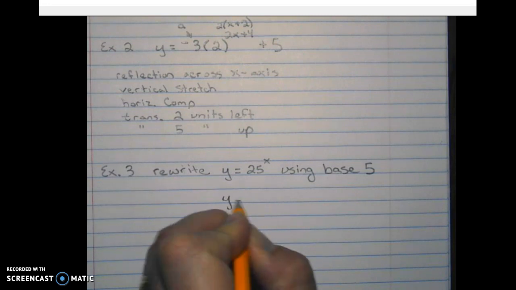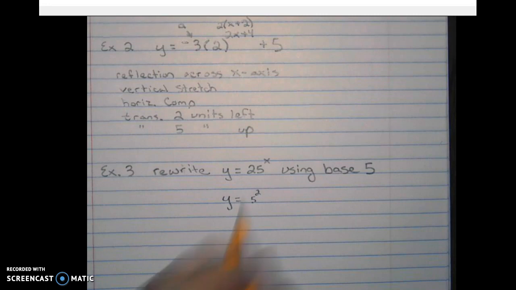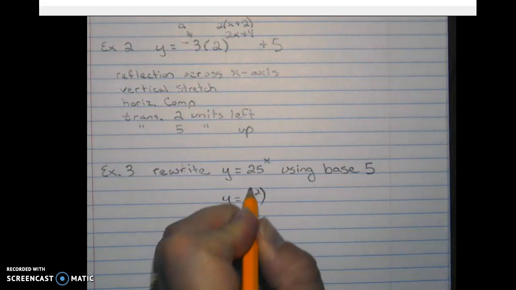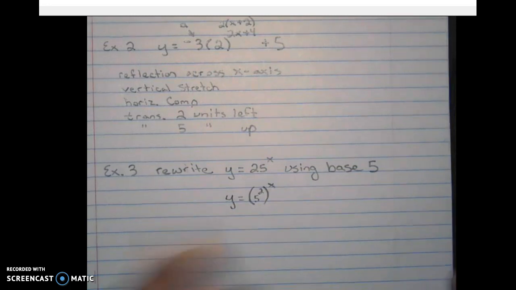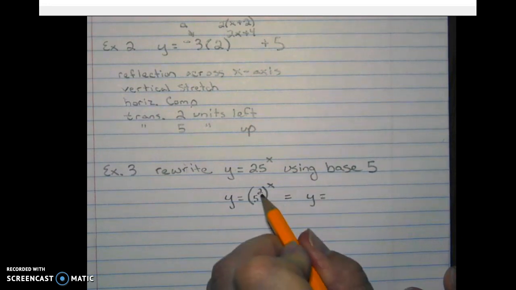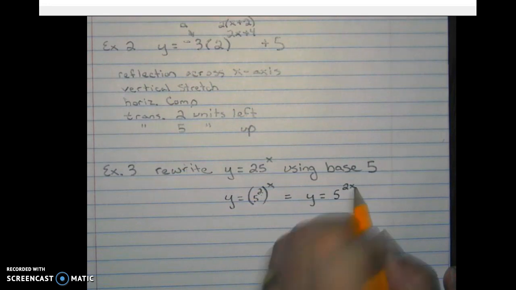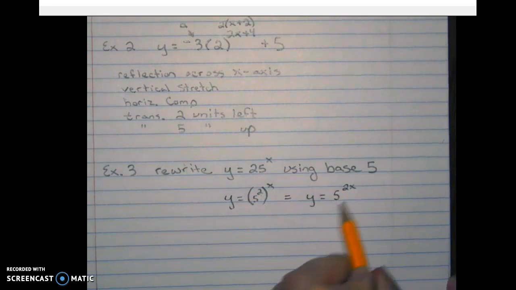So we know that 5 squared is equivalent to 25. And then that's raised to the x power. So then we would get y equals, a power to a power you multiply, and so this would be our equation, base 5.